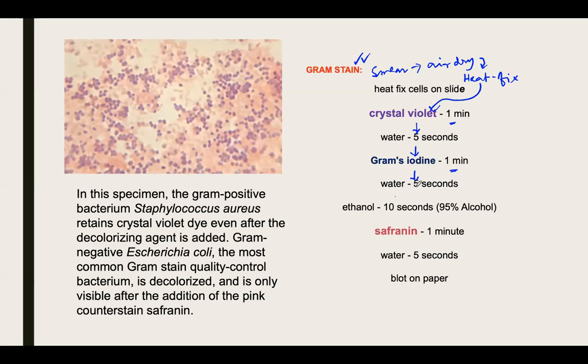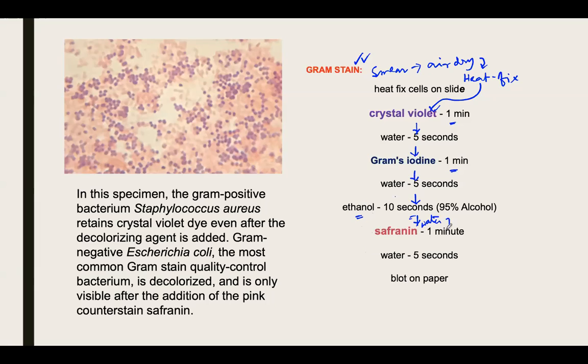After each step, each dye or each chemical, you have to rinse off the excess color or excess stain. After washing, then we treat that with 95% alcohol. It's called ethanol, and we just go for 10 seconds. Then we rinse it with water.